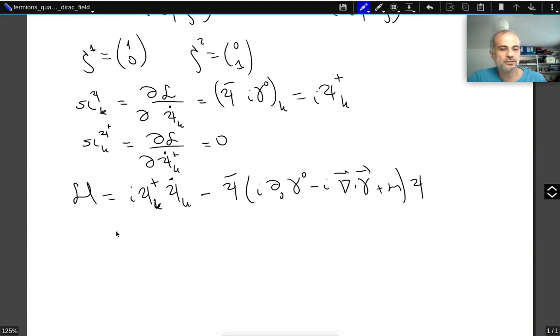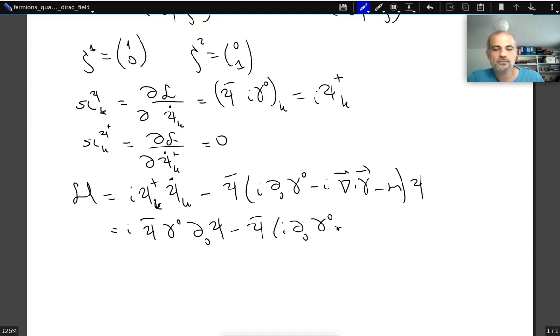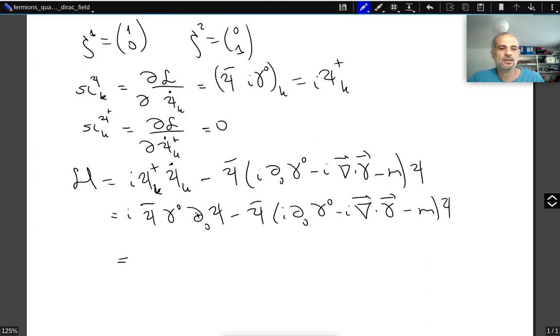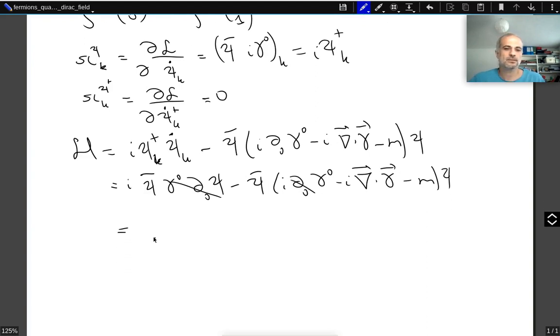Now note that this is just i psi bar gamma 0 times the time derivative of psi, minus psi bar (i ∂_0 γ^0 minus i γ·gradient minus m) psi. Now these cancel, so we end up having psi bar (i γ·gradient plus m) psi.